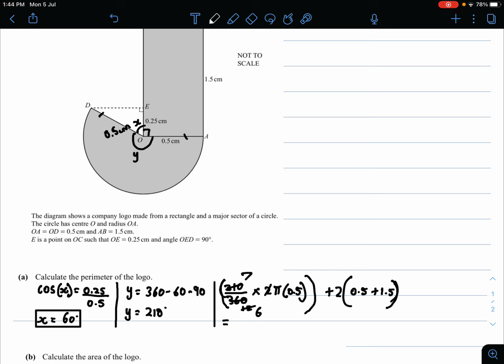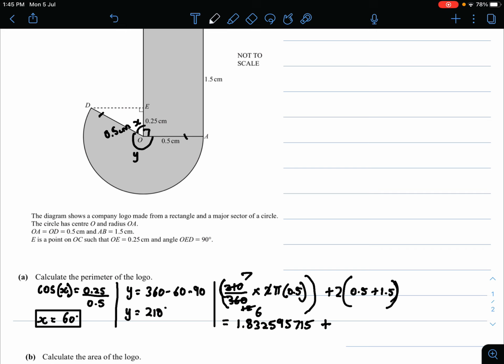So you would get 1.83259571, and you should write as many decimal places as you can, so that in your final calculation you don't face the premature rounding error.